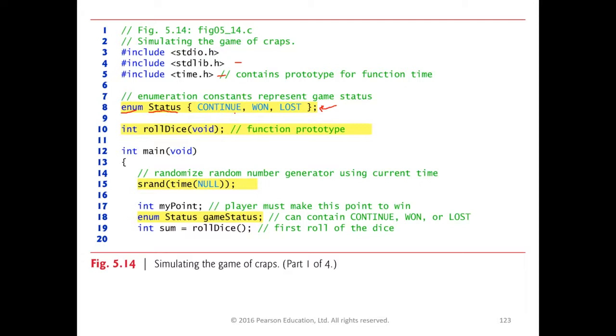You have continue, won, lost. Now this basically represents the status of the game. And what the enum data type basically does is, at the back end, it assigns integer numbers to the names that you put inside these curly braces.